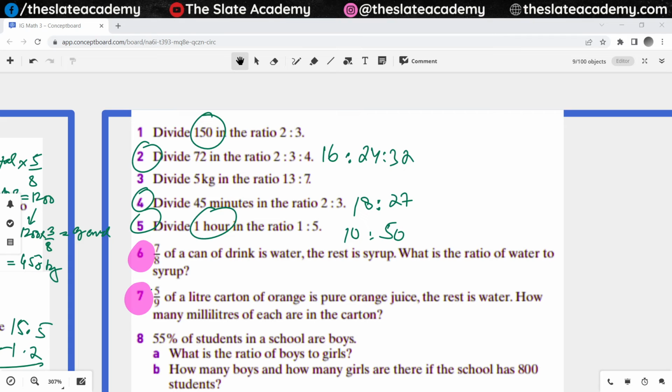So you get 0.16 or 0.167, and then you subtract 1 from the answer, so you get 0.83, right? So 0.17 is to 0.83.